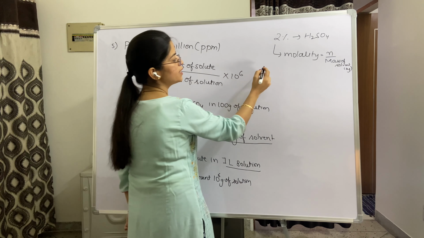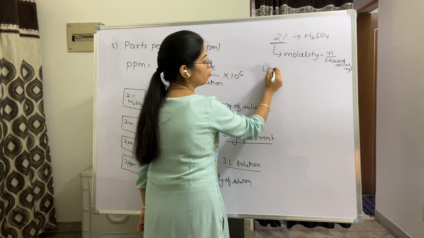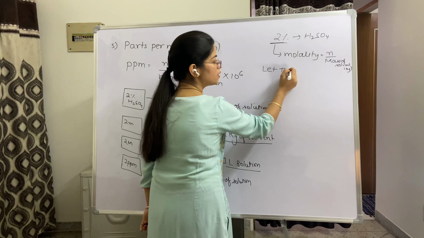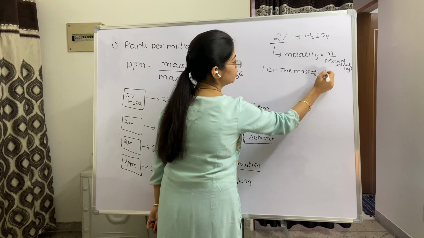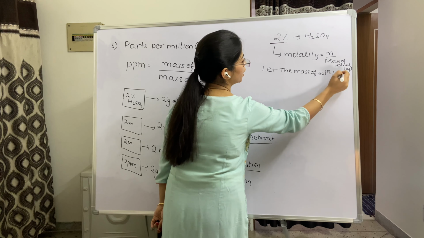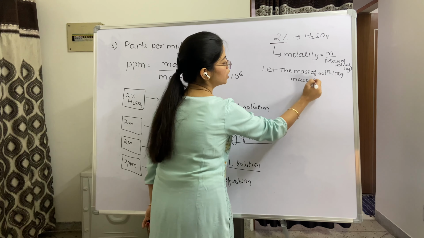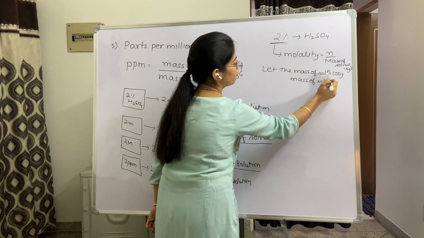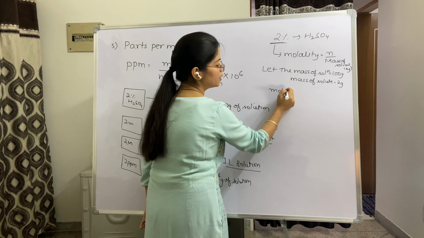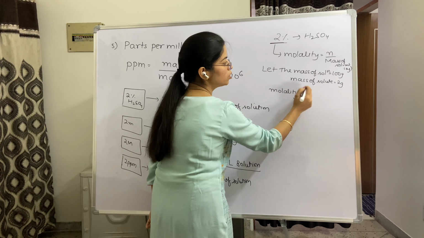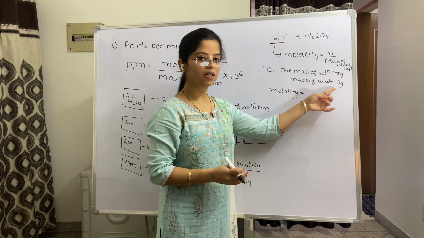So from here, it is written 2%. It means first we let the mass of solution be 100 gram. If the mass of solution is 100 gram, it means mass of solute will be 2 gram. So to calculate the molality, we need number of moles of solute, which means given mass by molar mass.